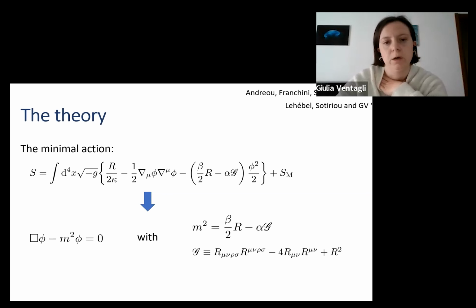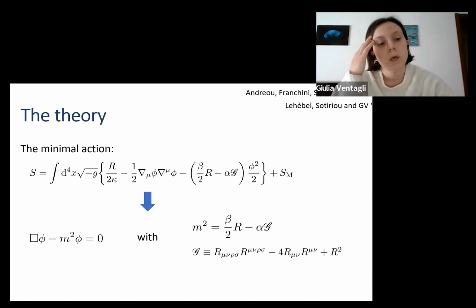We studied this system for static spherically symmetric neutron stars, and we looked for a solution that, of course, solved the initial conditions of the problem, which are quite complicated for this theory, but at the same time allowed for a solution with a vanishing scalar field at infinity.